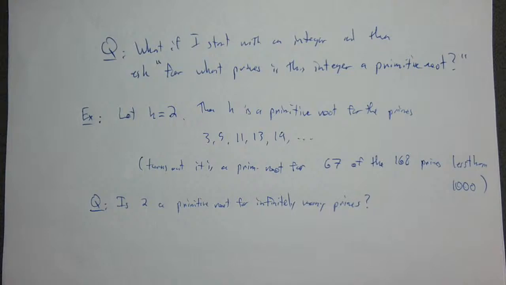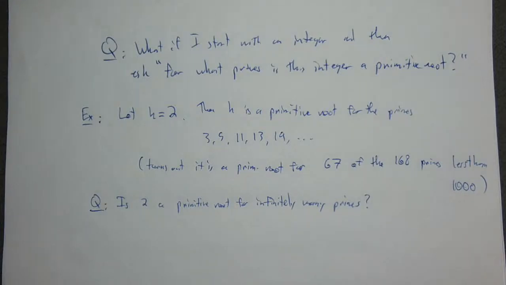I believe the best result that doesn't rely on any assumptions was proven in the mid 80s, and it's that there are at most 2 primes that are not primitive roots for infinitely many primes.